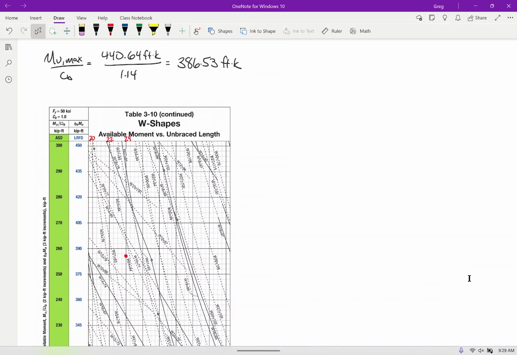Okay, and we'll say that anything this way is good. So that's the shape that we're looking for, right? What shape is that? W18 times 76. W18 by 76.